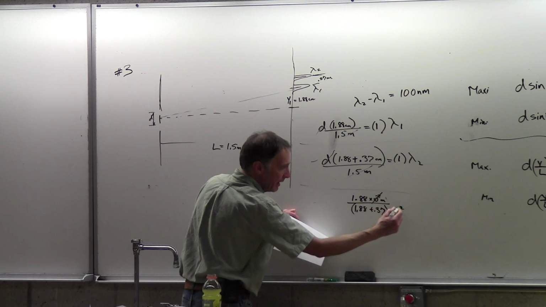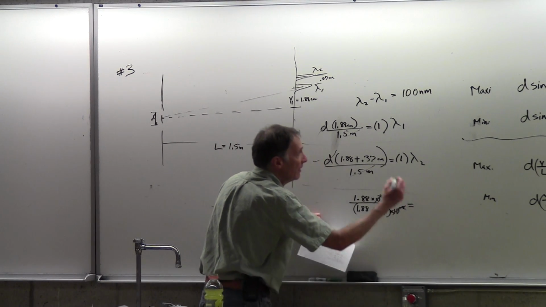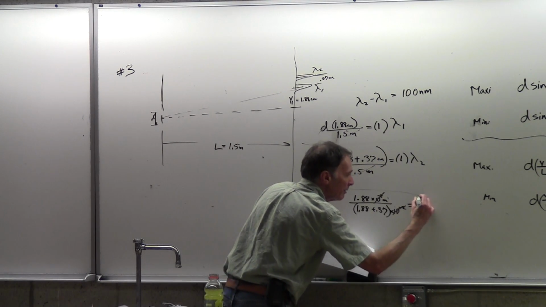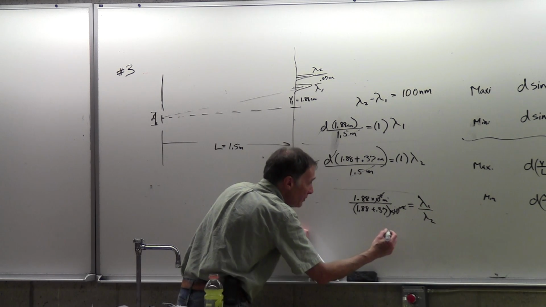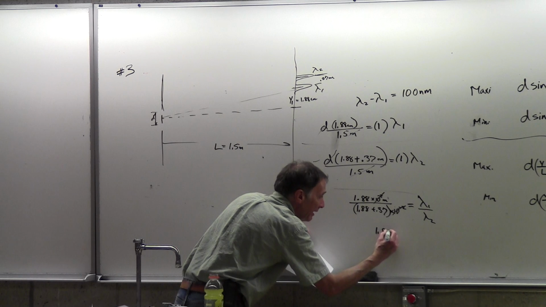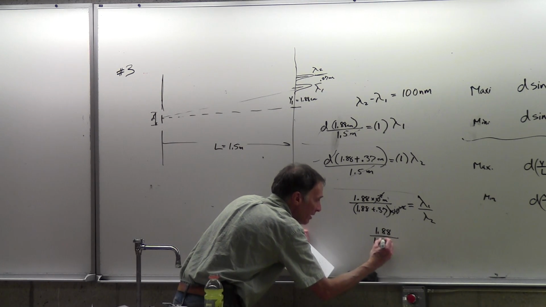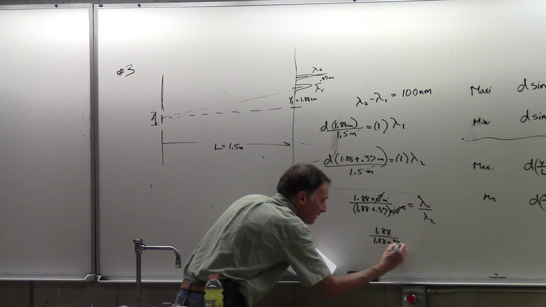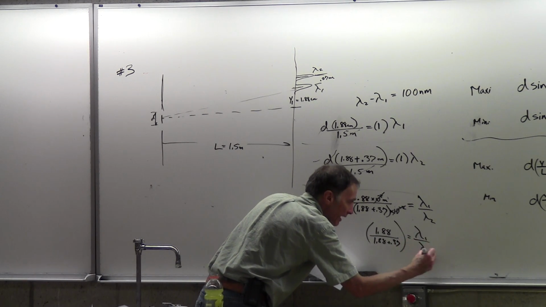The times 10 to the minus 2 actually drops out. I probably should have lambda 1 over lambda 2. So we have a ratio here, and 1.88 divided by 1.88 plus 0.37 is equal to the ratio of lambda 1 to lambda 2.